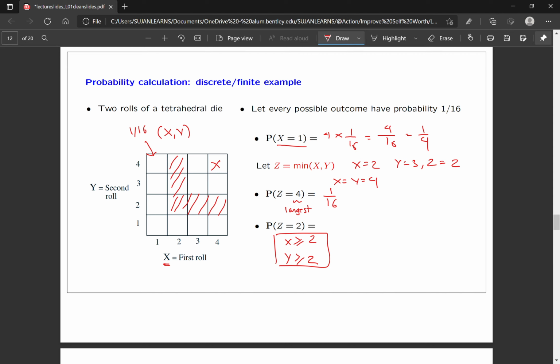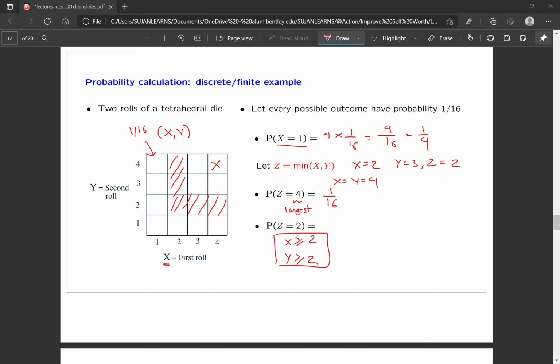What we see here is that x is greater or equal to 2 or y is greater or equal to 2.